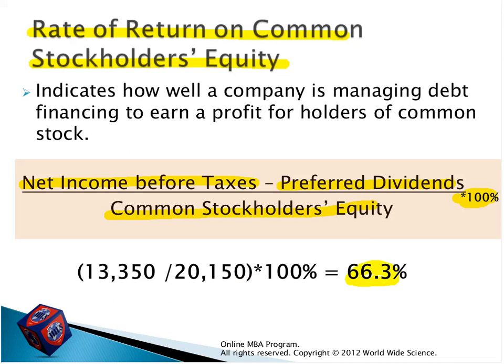That means we have generated net income before taxes of 66% from our usage of equity. This shows how efficiently you can use your equity. You have used your equity, 66% of the total amount that you have in your accounts, to generate your incomes and profits.